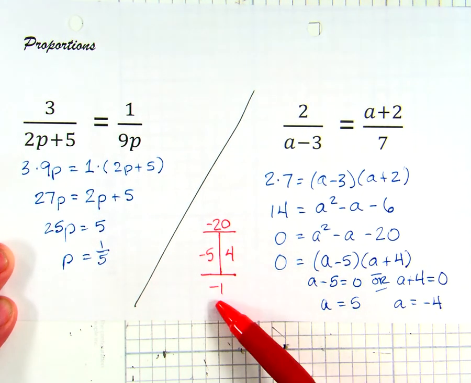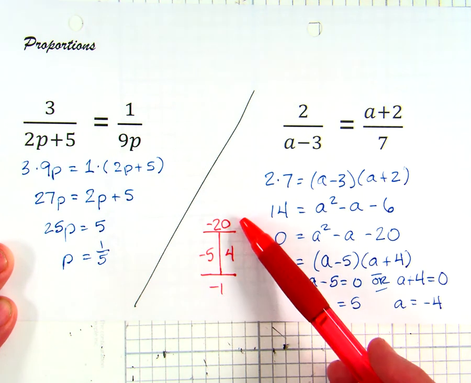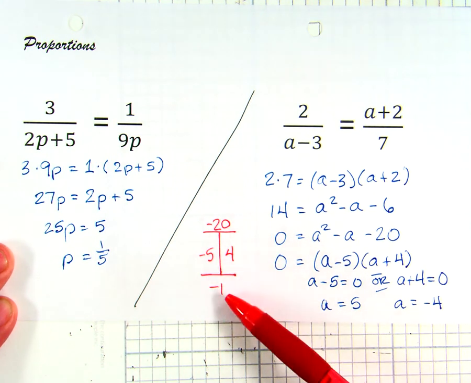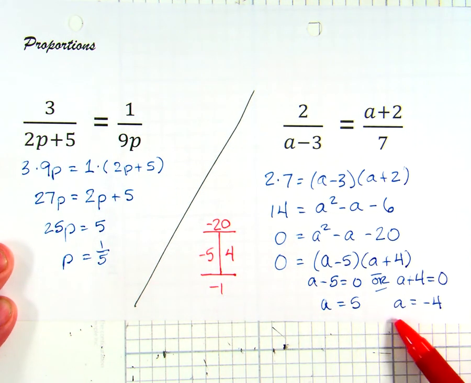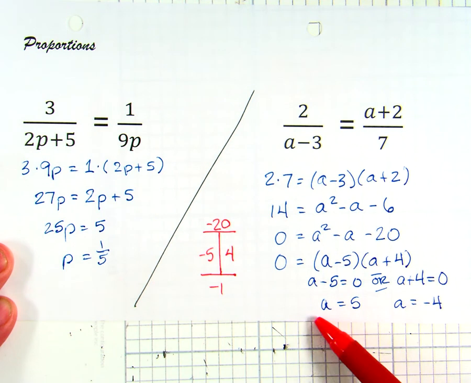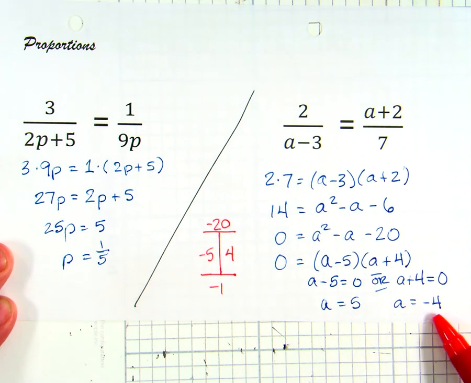I can factor. AC goes at the top, B goes at the bottom. You multiply to get AC, you add to get B. So this factors out to two responses, A equals 5, A equals -4, one or the other.